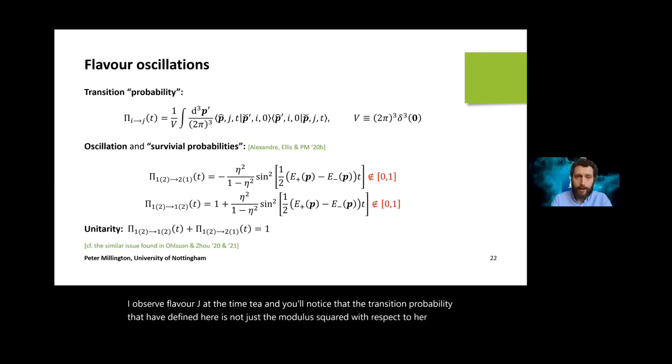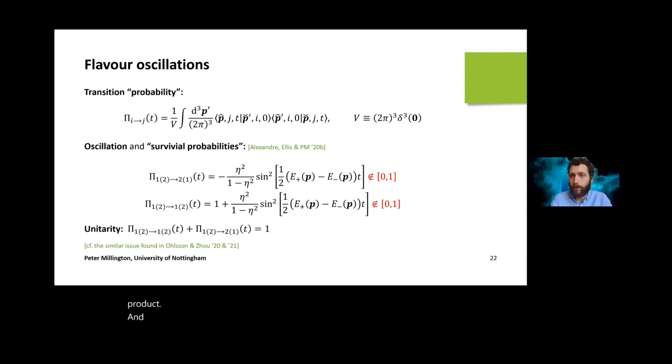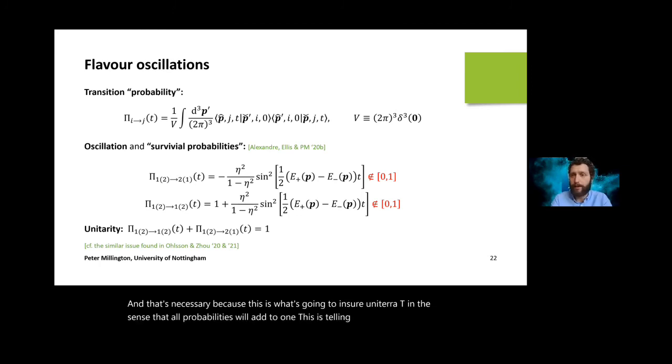This is a generalization of that to account for the fact that the inner products have to be constructed with respect to the C prime PT inner product. And that's necessary because this is what's going to ensure unitarity in the sense that all probabilities will add to 1. This is telling us that when we construct the completeness relation for these states, we have to be careful to be using the correct canonical variables to construct that outer product of states in Fock space.